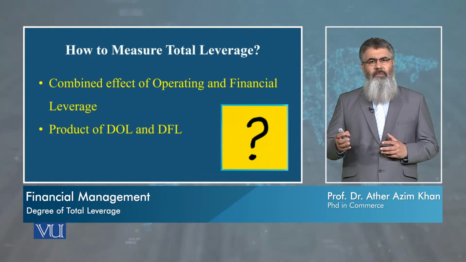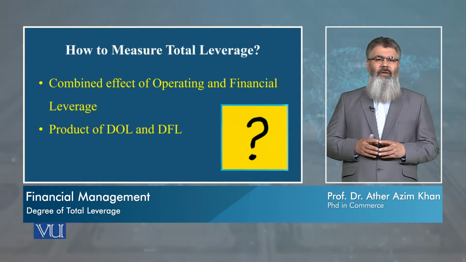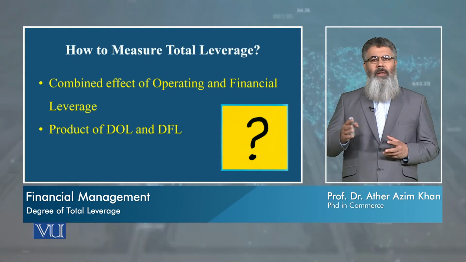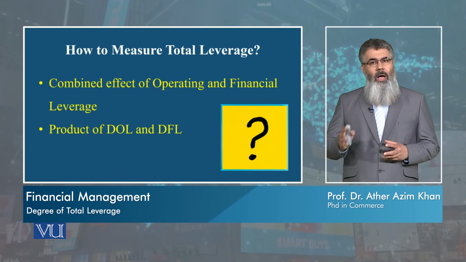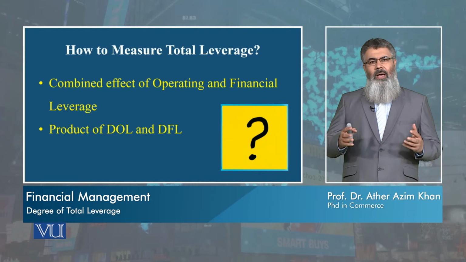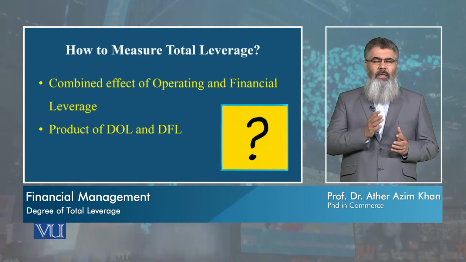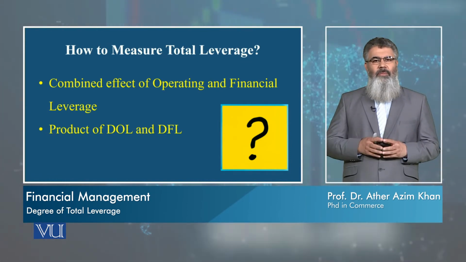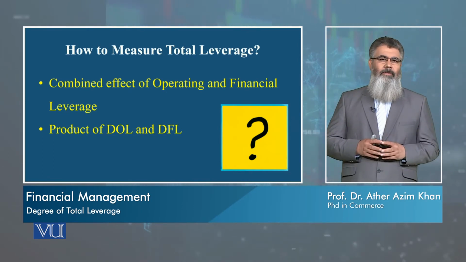That is, if for example I have a DOL value of 2 and a DFL value of 3, then my total leverage will be 2 multiplied by 3, that is equal to 6. Now, how would I interpret this total leverage? As I just said, these two leverages actually start from sales, go through EBIT, and reach EPS. So in total leverage, we directly see the impact of sales on earning per share.